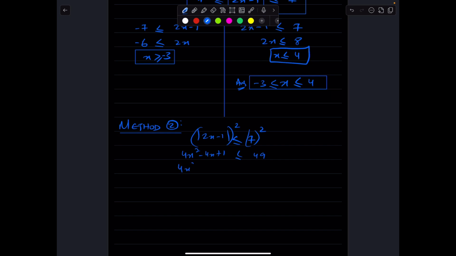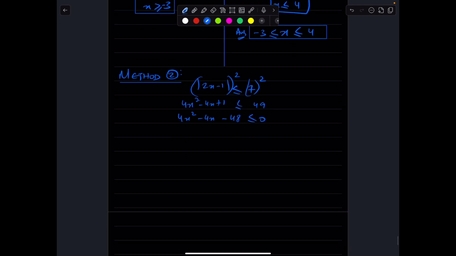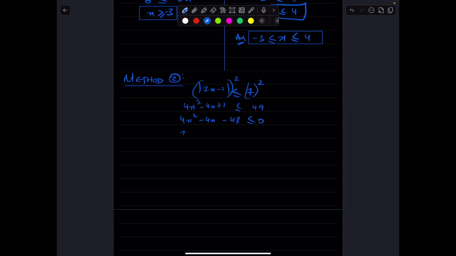Simplifying this would give us 4x squared minus 4x minus 48. We can take 4 common and further simplify this. So we have x squared minus x minus 12 is less than or equal to 0.